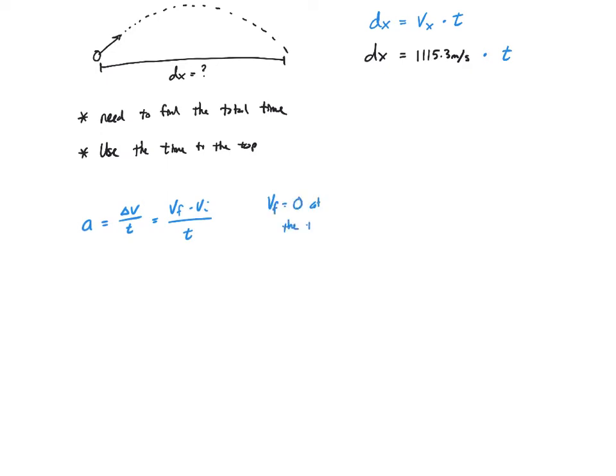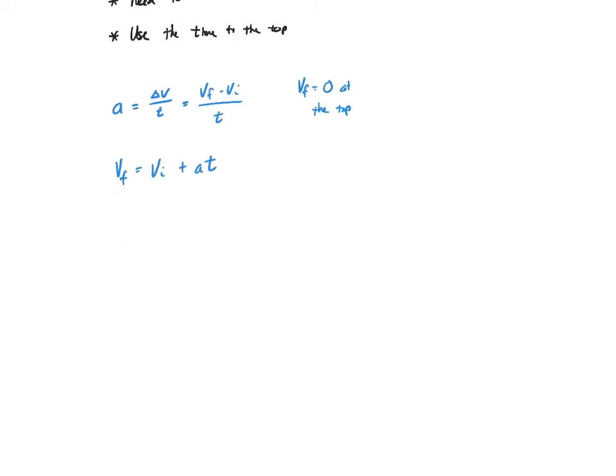As I mentioned before, I'm going to use the strategy of setting the final velocity at the top to 0. So then the VF equals VI plus AT. So now I can set the final velocity to 0, rearrange to solve for VI, and I can go from there.